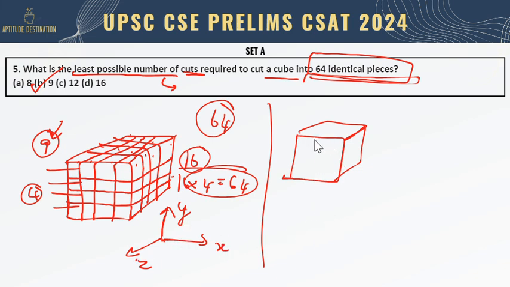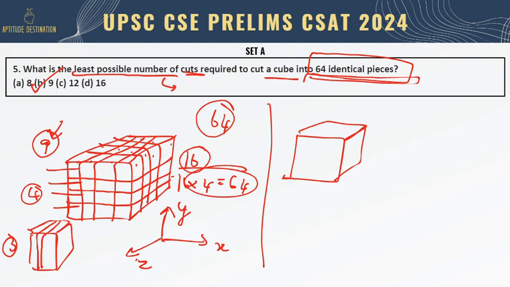To make it more understandable, let me draw a small cube here. Let's take 3 cuts. If I cut one here, 1 cut, 2 cut, and 3 cut, I am getting 1, 2, 3, 4, 5, 6, 7, 8 pieces, right? For 3 cuts, I'm getting 8 pieces. But let's say I'm taking the same cube and I decide to cut it only longitudinally.